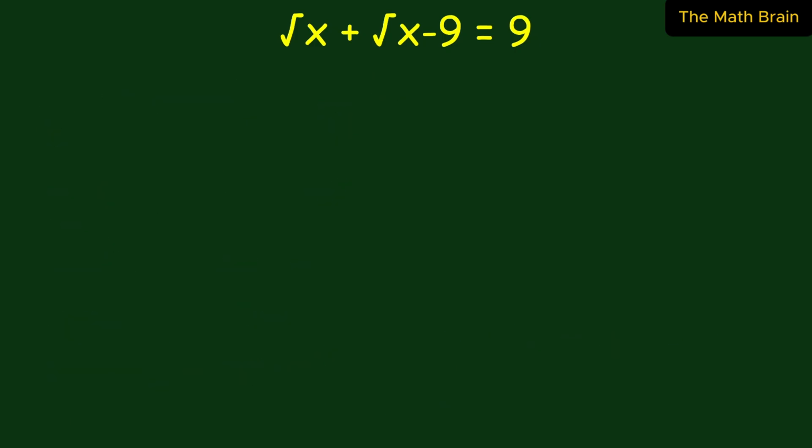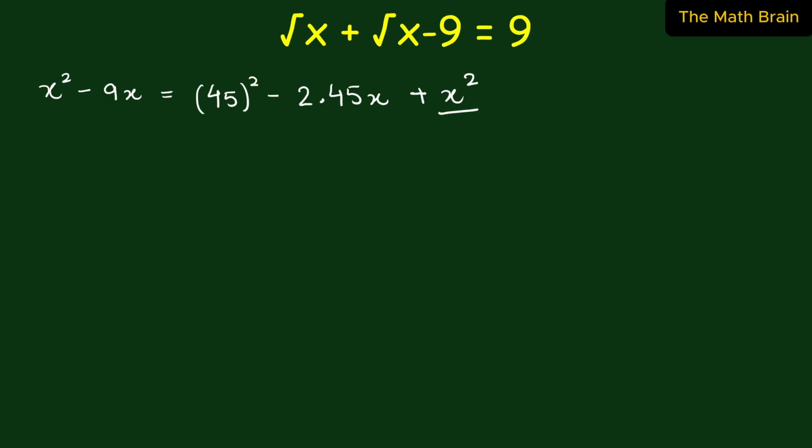So this will be x² − 9x is equals to 45² − 2 into 45x + x².